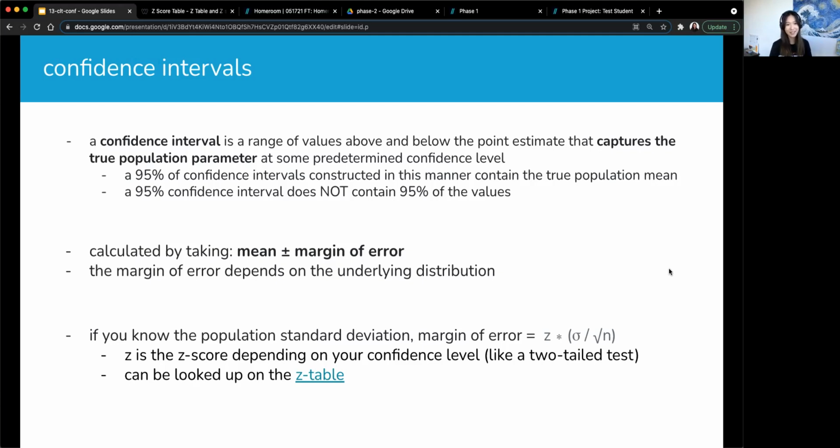So let's just say I have a 95% confidence interval of my IQ being 100, and the interval is roughly 50 to 150. That's just saying that 95% of confidence intervals constructed in this same manner for a bunch of different estimated population means will actually contain the true unknown population mean.